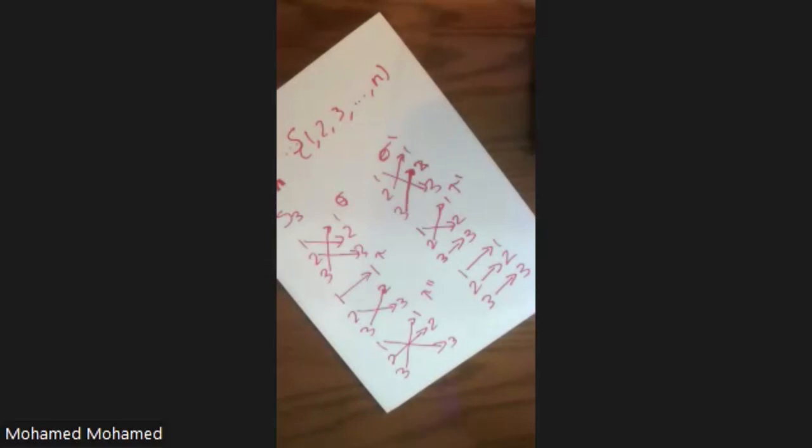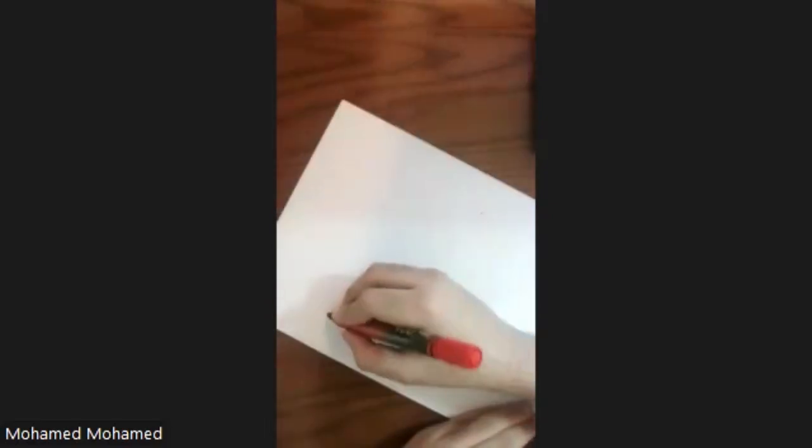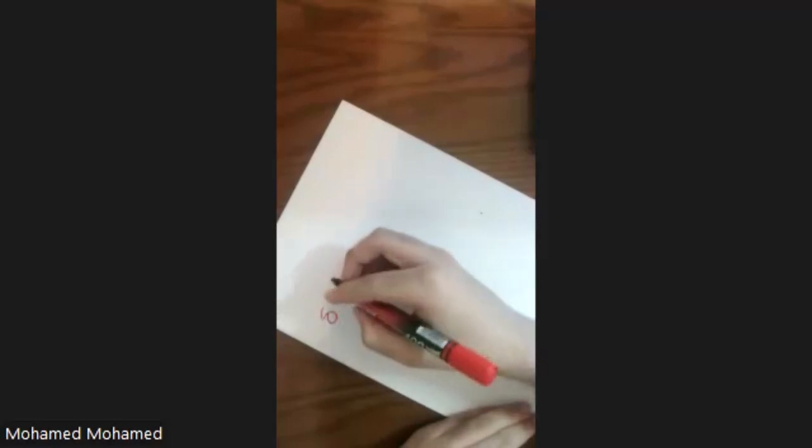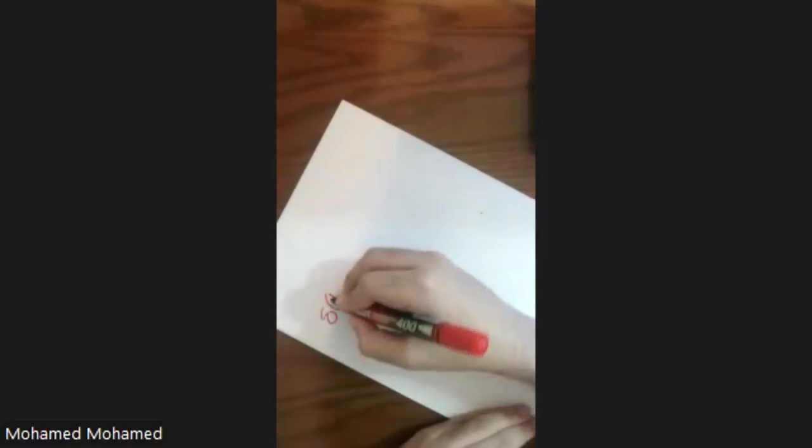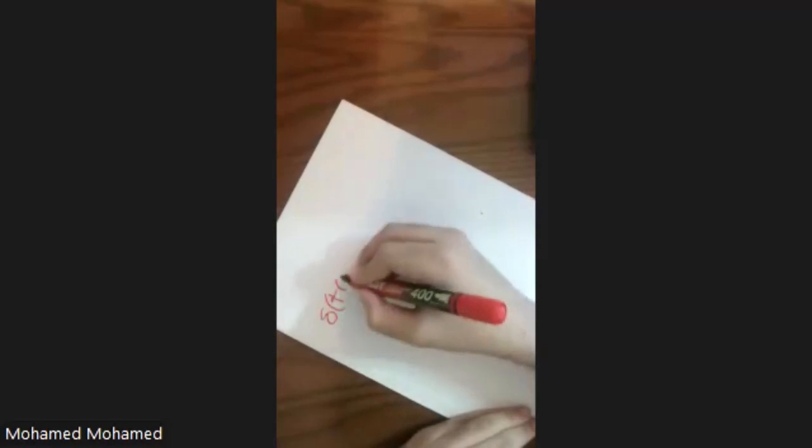How can we see that it's not abelian? Take for example sigma and tau. We can compose them in this way. Sigma of tau of one, for example.